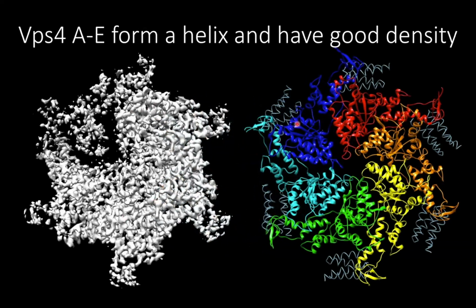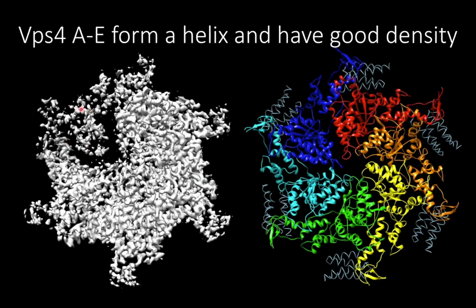On the right-hand side, the good parts of the map correspond to 5 of the subunits. The red, orange, yellow, green, and cyan subunits have good density. And as we shall see momentarily, they form a helix that spirals away from us in this orientation. You should also be able to see that the blue subunit, the 6th subunit, is pulled away a little bit from the center of the hexamer, and its contacts of the large domain region in the middle of the hexamer are relatively open with its neighbors, and it has rather poor density.